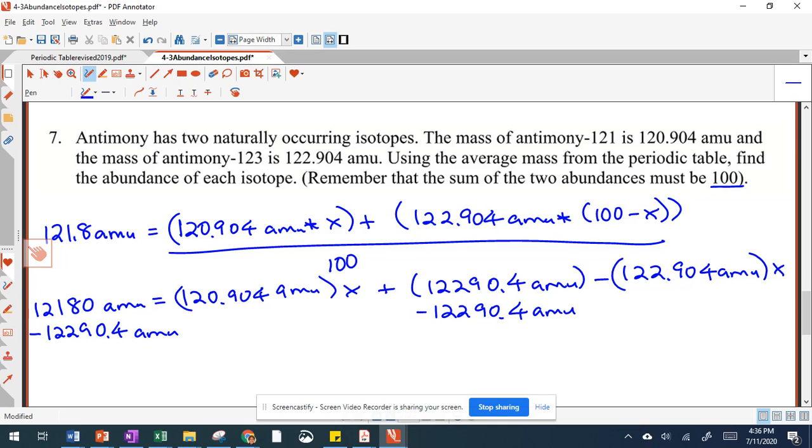When I do this, I'm going to get negative 110.4 AMUs. And then I'm going to combine these like terms on the other side.